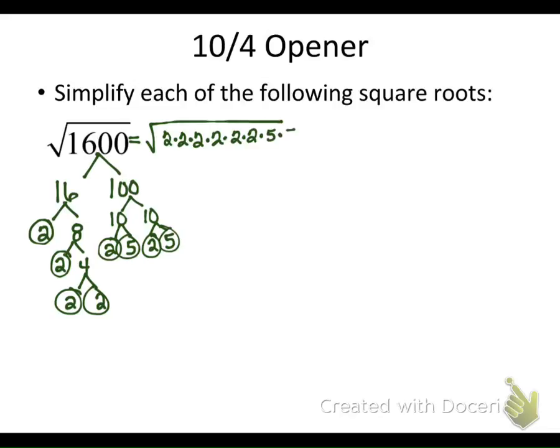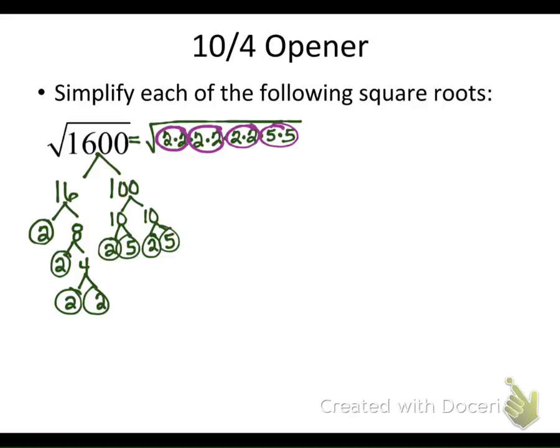What's wrong with how I wrote this? Yeah, make sure that square root covers all my prime numbers. So there's step 1. Step 2, I need to circle my factor pairs. So just looking at this, all my factor pairs are circled.